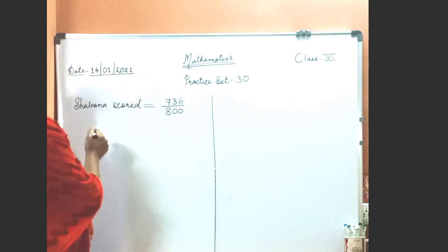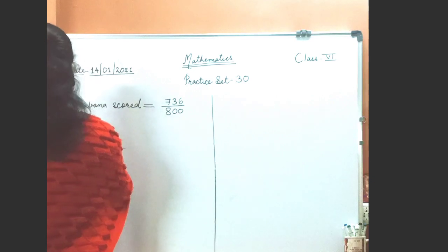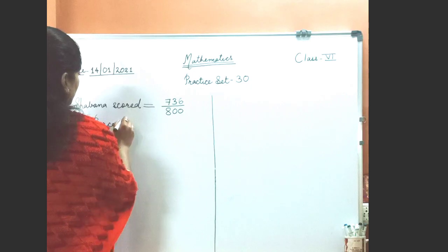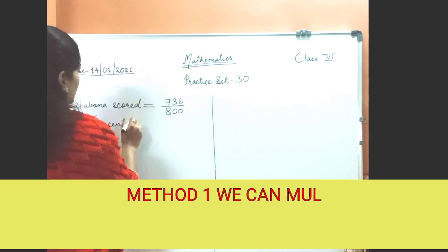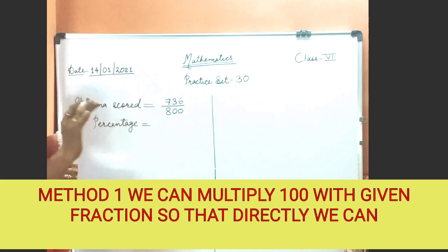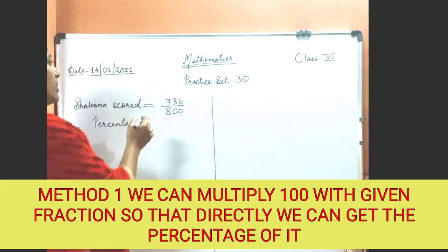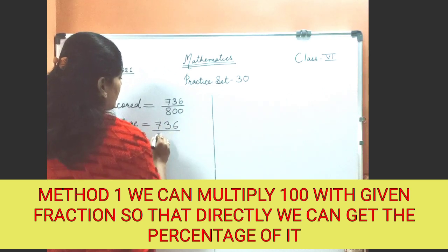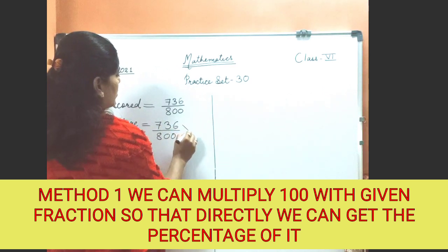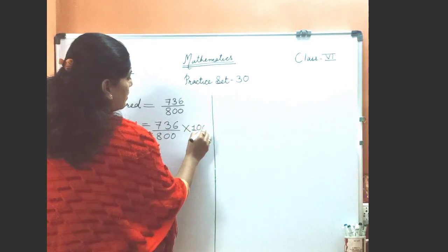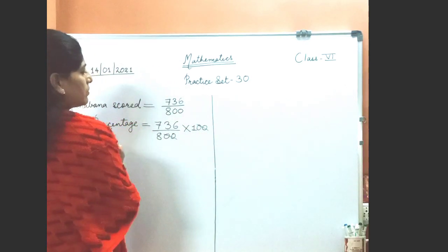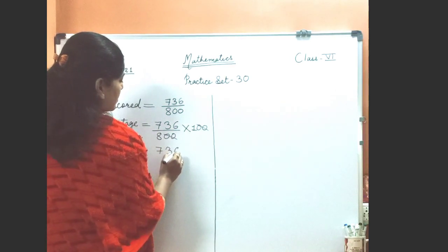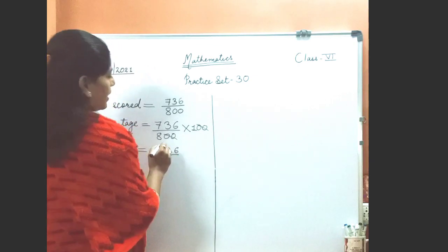To find out the percentage, we just have to multiply it with 100, so that we can get the percentage of this scoring number. So, multiply with 100, we now have 736 upon 8. Let us divide it.